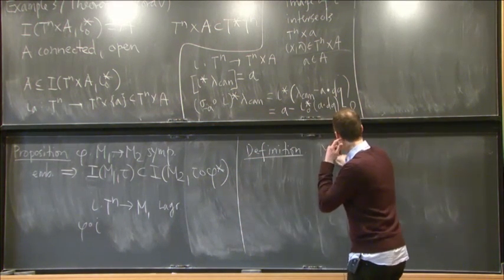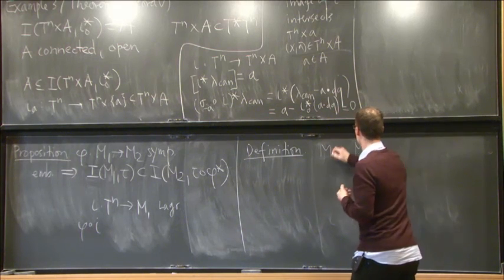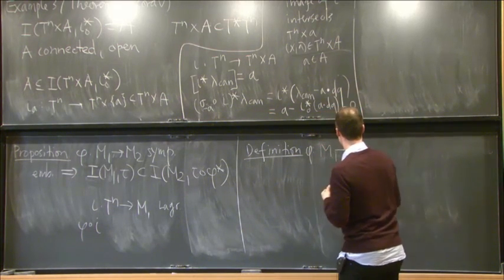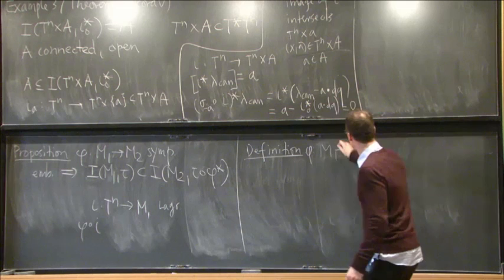So suppose I have M1 and M2, and I have this embedding between these two symplectic manifolds of the same dimension.